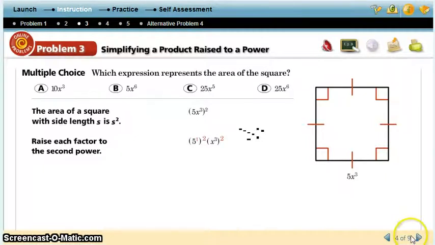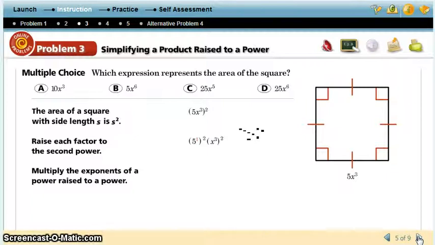All right, so that's the product to a power rule. If you have a product within the parenthesis, everything in there gets raised to the second power. So 5 to the first, because that's 5 to the first power there, gets raised to the second, and then the x cubed also gets raised to the second. So it's like distributing the 2 throughout.